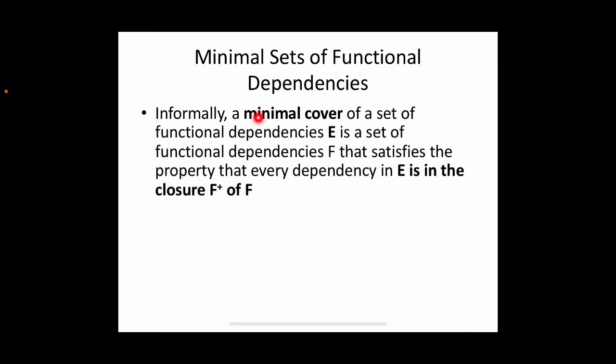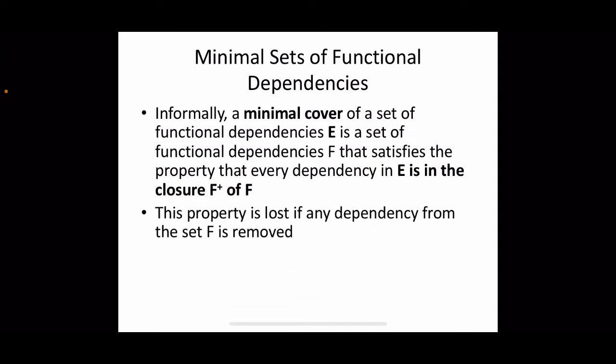If we try to define this minimal cover or minimal set of functional dependencies, we can define it like this. A minimal cover of a set of functional dependencies E is another set of functional dependencies F that satisfies the property that every dependency in E is in the closure of F. So we are given a set of functional dependencies E, and we will find its minimal cover F. The condition is that the closure of F should contain all the dependencies in the original set E. And this property 1 is lost if any dependency from the set F is removed.